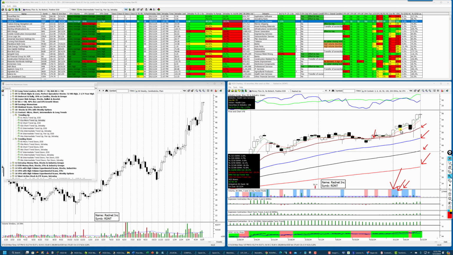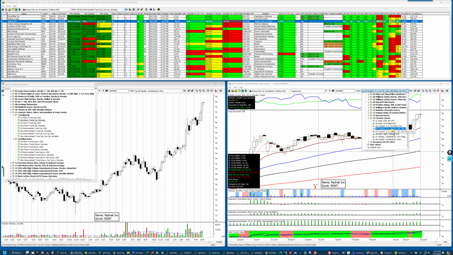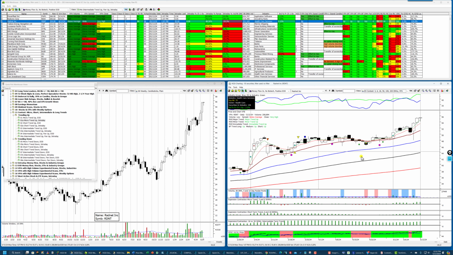If I clear this off and drop down one, this has a VPA. I want to go over this stuff with you without the VPA, and then I want to incorporate VPA into it just to show you how much it can add to the analysis of the charts.